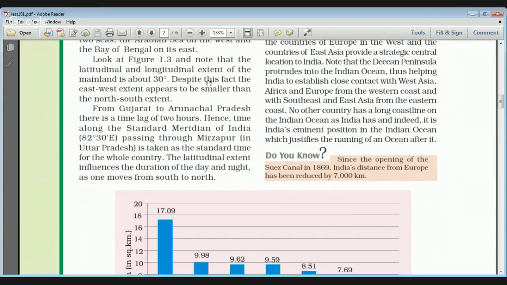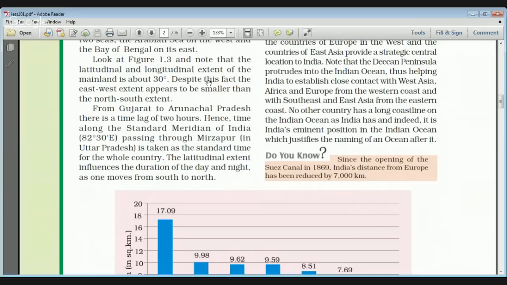We have already covered the chapters of class 6, and we say that the whole earth is divided into 24 time zones. And if you see, the earth completes one rotation in one day.